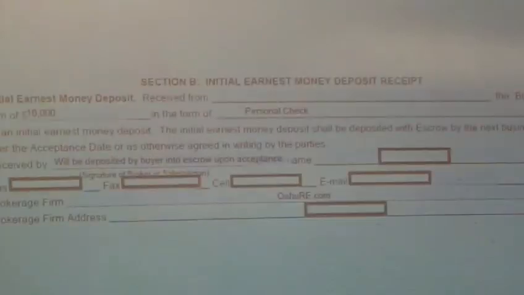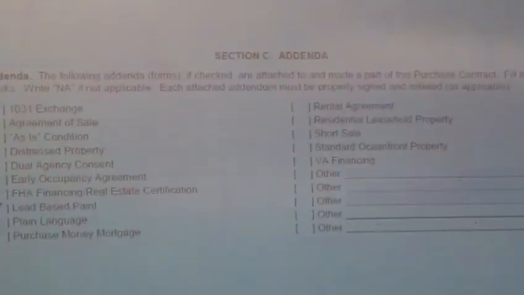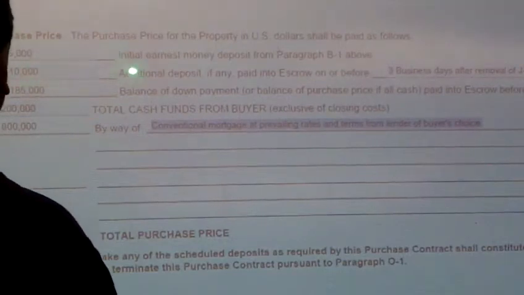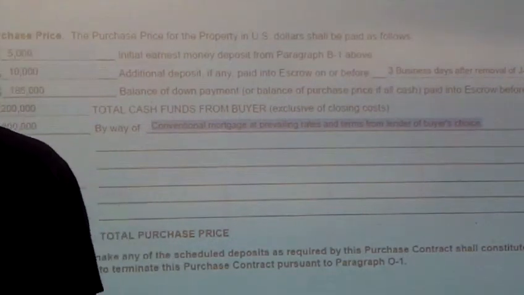It's found in B1, right here. In B1, you're saying received from so-and-so the amount of X, whatever that number is, that's the number that goes in here, the initial earnest money deposit.